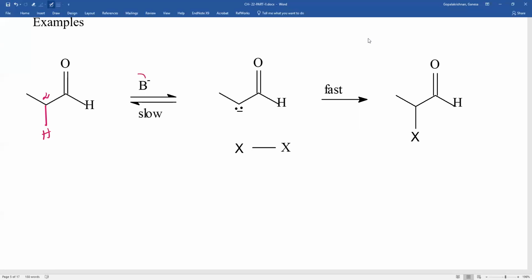If you treat it with a strong base, it will come and pull one and you form an enolate anion. If you react it with a halogen, the same thing happens here. It goes away. The alpha carbon is substituted with one halogen.